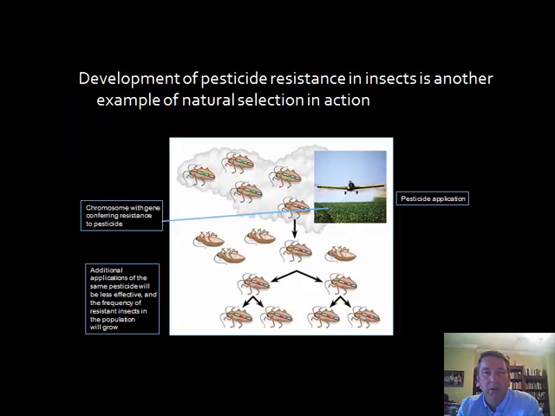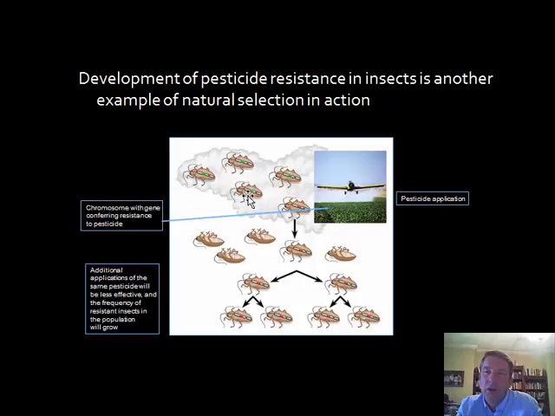Here's another example of natural selection, but this is spurred by man's action. In this case, we have some of these pests of this crop that are resistant to pesticide. This one with the red mark on its chromosome here has a gene that is resistant to this pesticide.